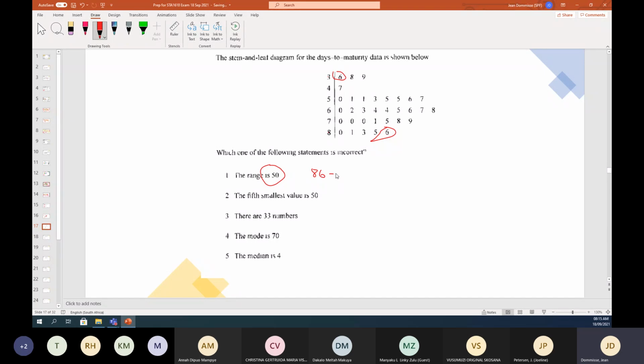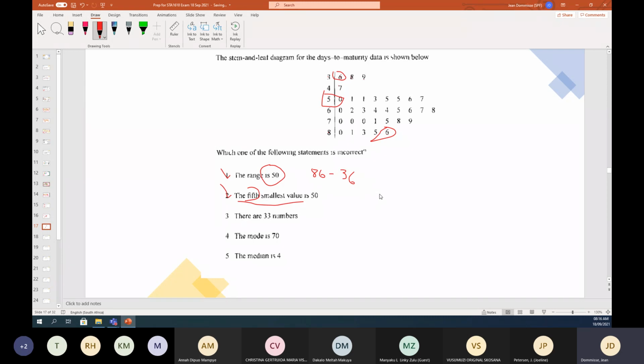So that question basically stayed the same. 86 minus 36, that is 50. The smallest value. So now actually the fifth smallest value is 1, 2, 3, 4, 5. So that is 50. Okay, so it wasn't that one that was wrong in this exam.